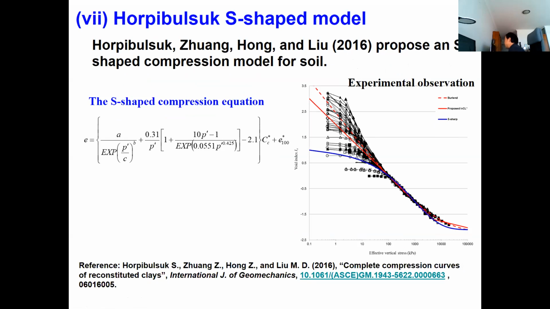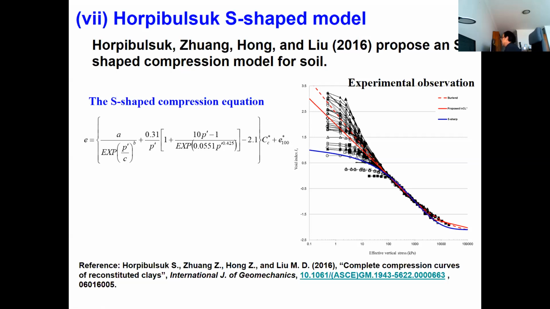It is S-shaped. At the beginning, it's a definite value. At the end, it's a definite value. It's S-shaped. This is the reality. So we propose this S-shaped model, and this is the true, correct one.